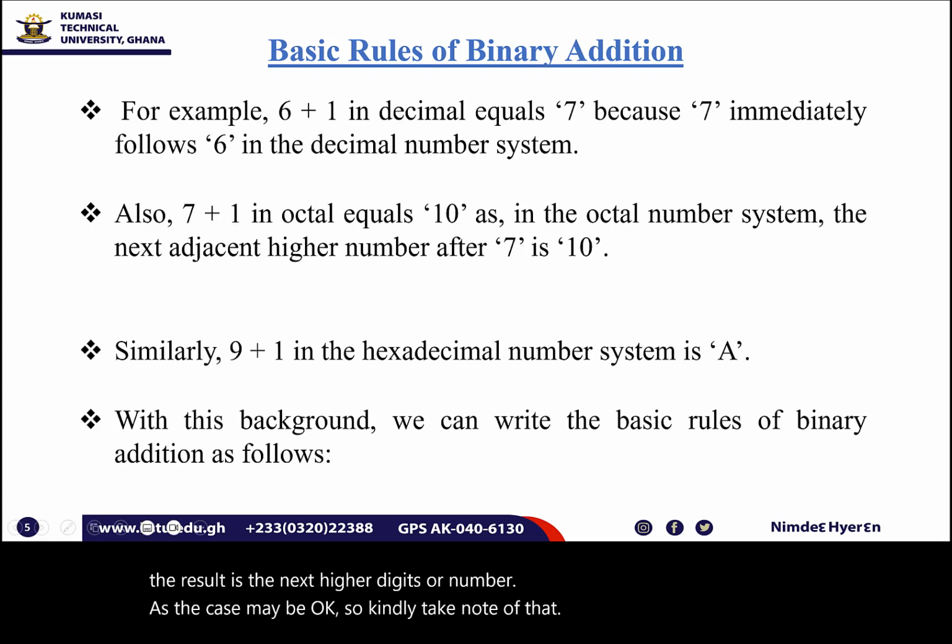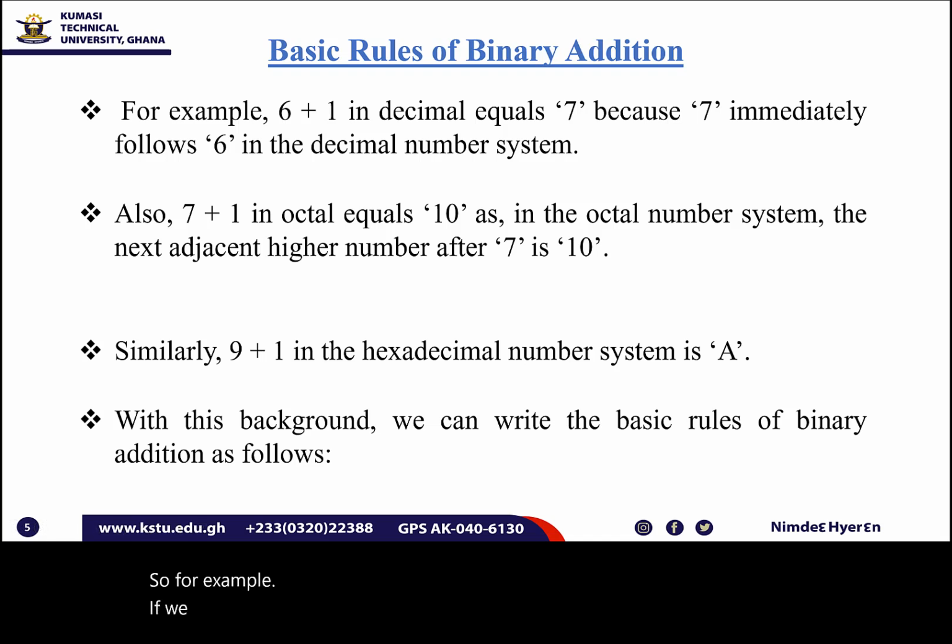So for example, if we have 6 plus 1 in decimal, this would give us 7, because 7 immediately follows 6 in the decimal number system.